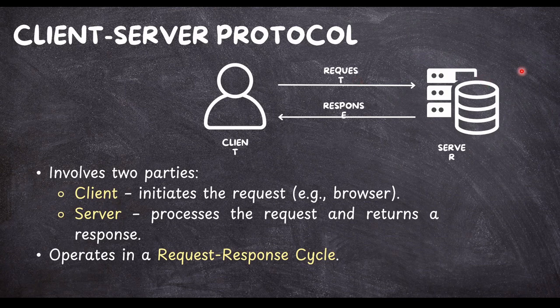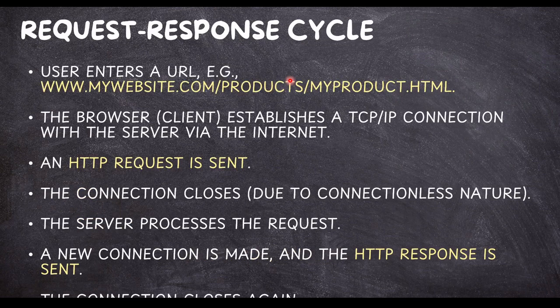Once the request is received by the server, your connection closes, and then when the server is ready with the result, the server sends back the response to the client, and then the client gets their response with the help of a new connection. Got it? Once the client gets the particular response they desire, the connection again closes. It's very simple. Let's move forward.